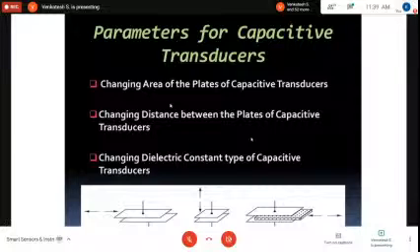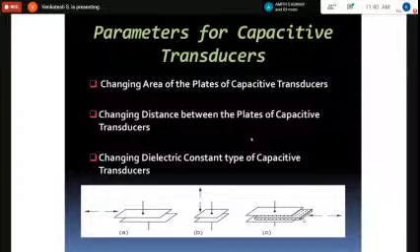That is another principle. So first is changing area of the plates, overlapping area it must be, and changing distance between the plates of capacitive transducers. Next case is changing dielectric constant type of capacitive transducers. So if I move the dielectric between the two plates, some dielectric material, that is, a non-metal.